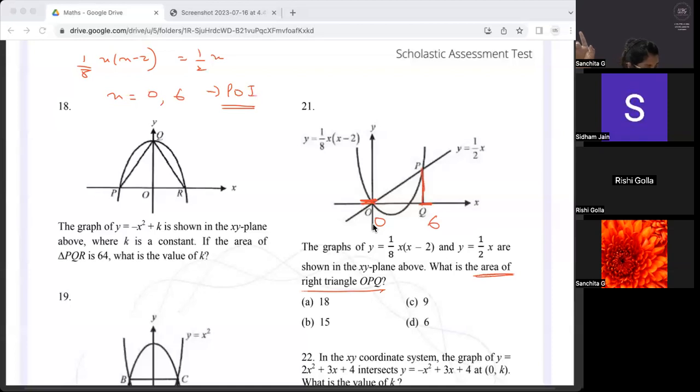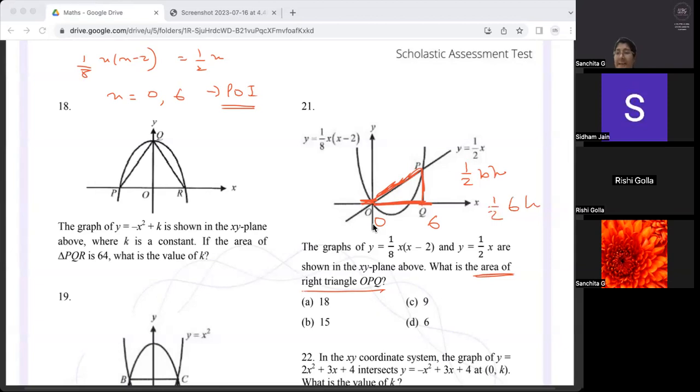Area of triangle is half base into height. Can I say I got the base? It's 6 units, the distance. So OQ I got as 6.